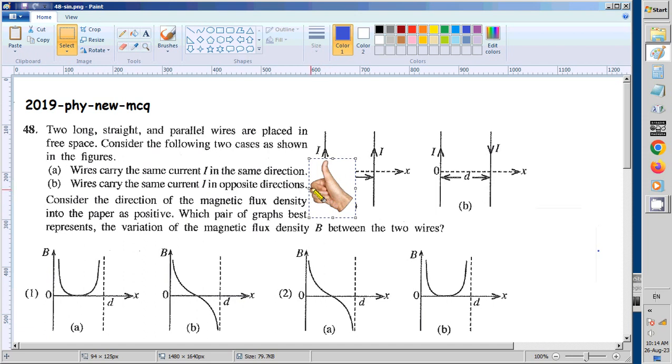So now you see these small fingers are curled like this, so that means the direction of flux lines is like this, coming out of the paper. So we can draw them like this.